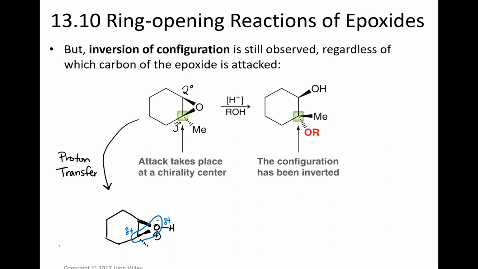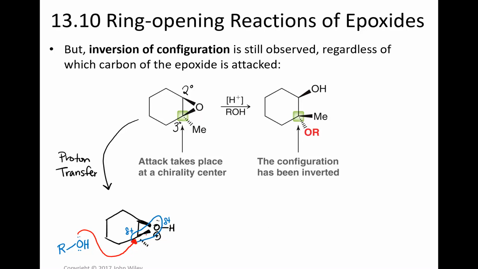As a result, the nucleophile, which in this case is an alcohol, will do a nucleophilic attack, again, preferentially on the tertiary carbon when a tertiary carbon is there.